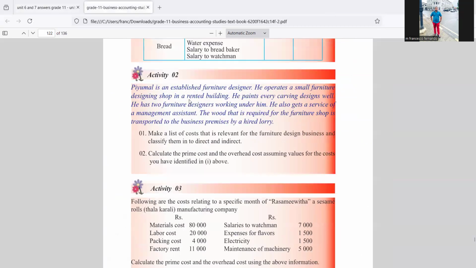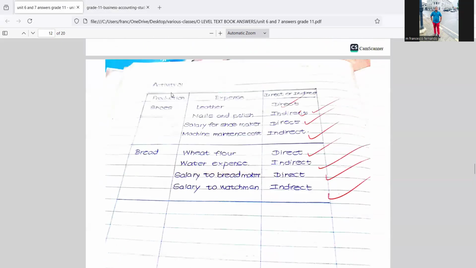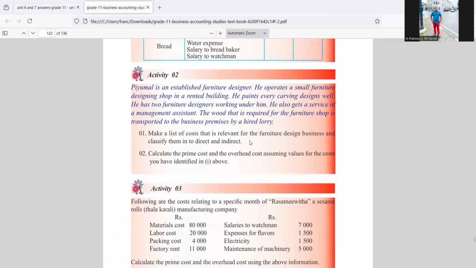Then if we move to activity 2, they asked to identify some costs related to a furniture design business. For direct cost, you can write wood and also the carpenter fees, some royalty.